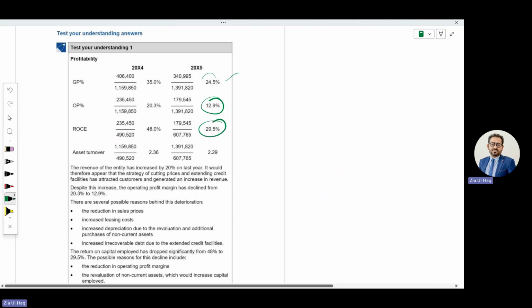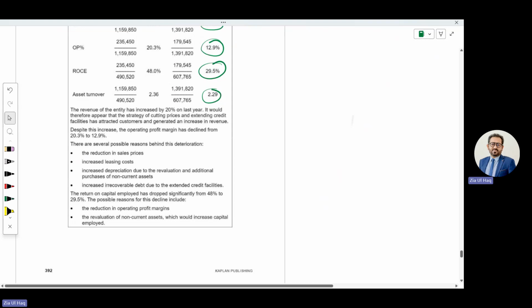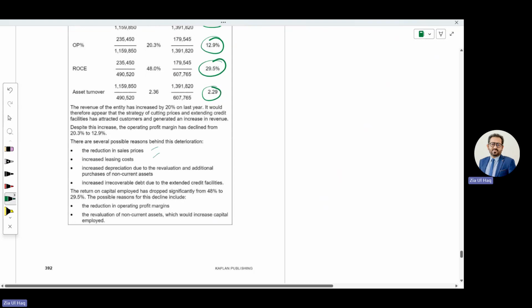Even asset turnover has slightly decreased. They have provided some reasons: you reduced the sale price, costs might have increased, and additional depreciation might have been provided because you added more assets to the business. So this is the commentary.